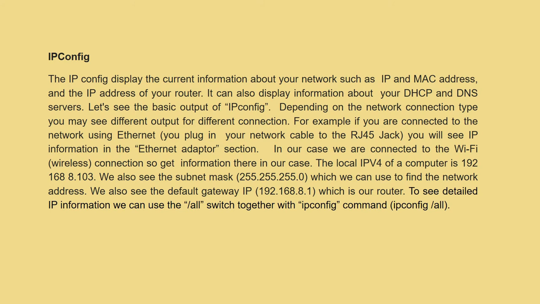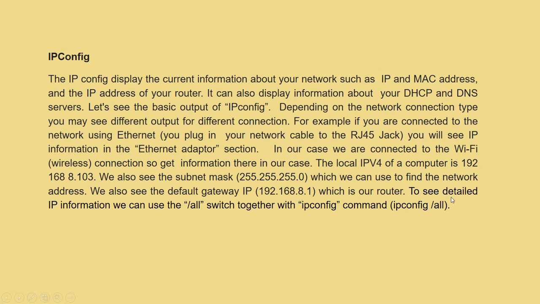We also see the subnet mask, 255.255.255.0, which is automatically displayed and which we can use to find the network address. We also see the default gateway IP, which is 192.168.8.1, our router. It does not matter that it should start with 8 as previously; right now I am just saying that the series may start from 1 also.